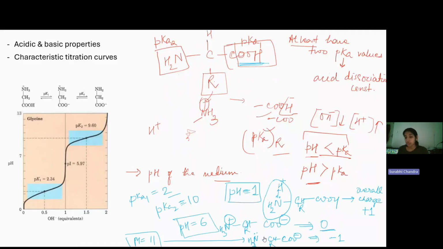Because there is a lesser amount of H plus ions in the medium, the COOH group will donate its H plus ion, and the H plus from this NH3 plus will also be given off to the medium, and overall the net charge on this amino acid will be -1.